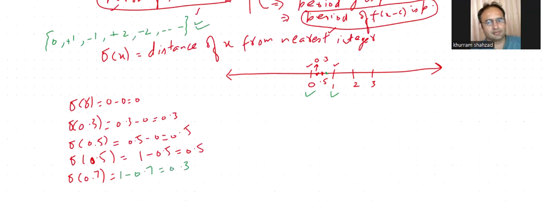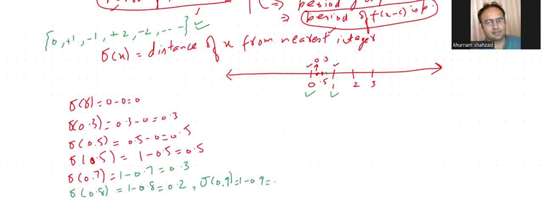Similarly, sigma of 0.8 is equal to 1 minus 0.8, because the nearest integer of 0.8 is again 1. This is equal to 0.2. If you calculate sigma of 0.9, this will be 1 minus 0.9, which is equal to 0.1.